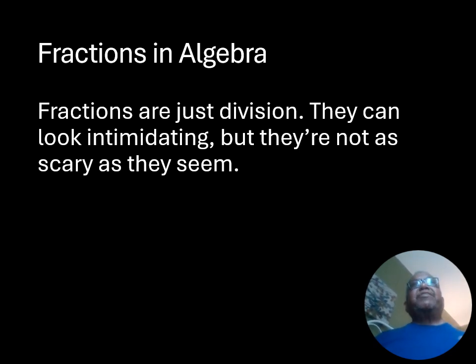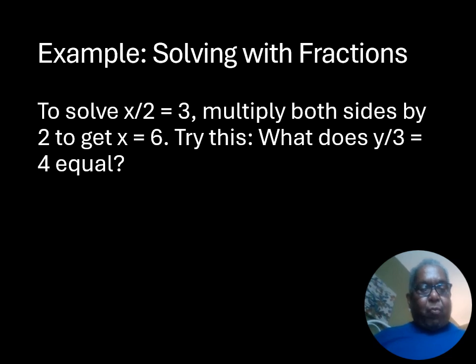Fractions are just division. So all you do is do the division first. Here's an example to solve: x divided by 2 equals 3. Multiply both sides by 2, and you get 6. So in this case, you multiply both sides by 3.